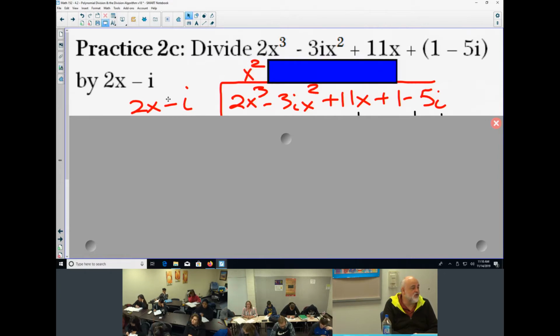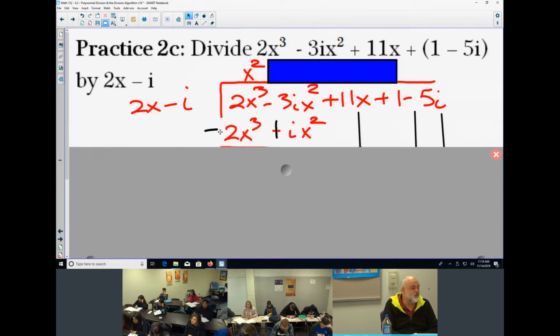All right, then you multiply through. X squared times 2x is 2x cubed. X squared times negative i is negative ix squared. Change the signs. So this middle term goes away. And then you have negative 3ix squared plus ix squared.